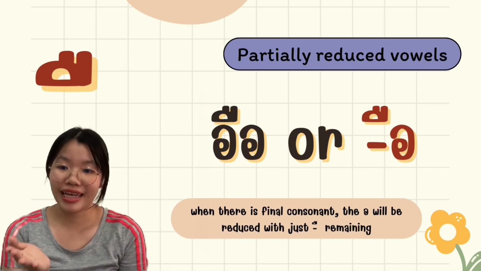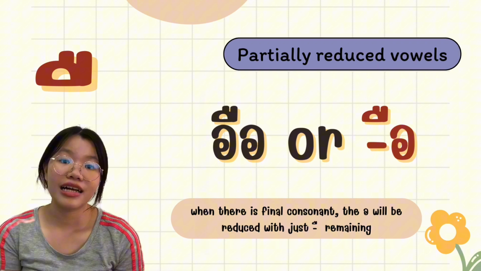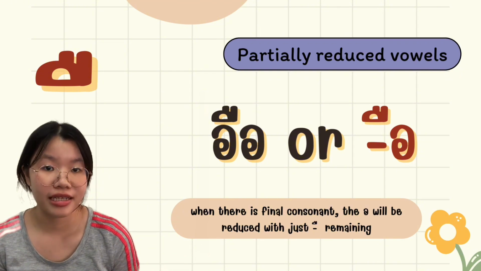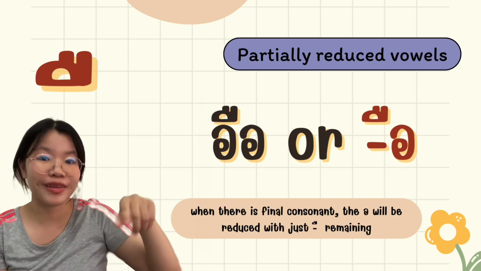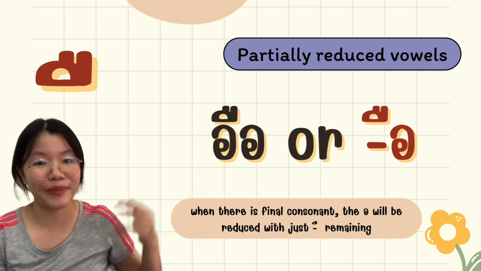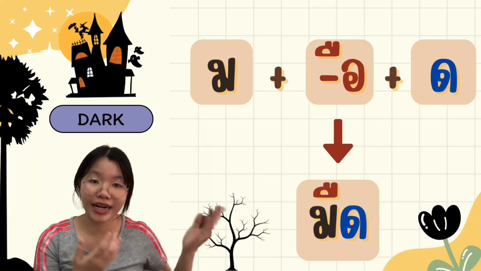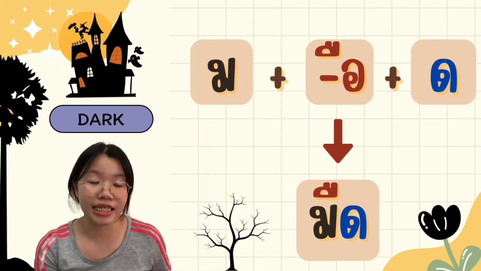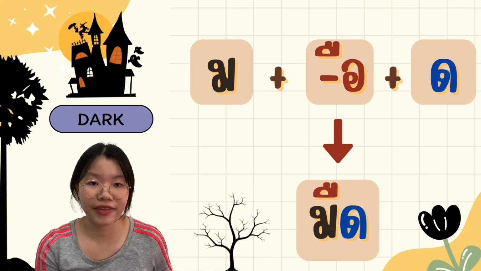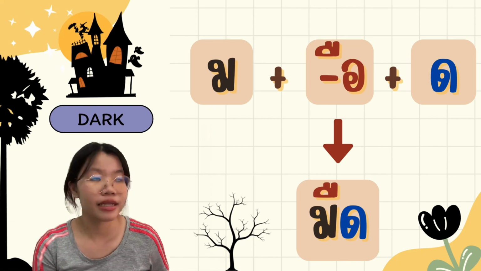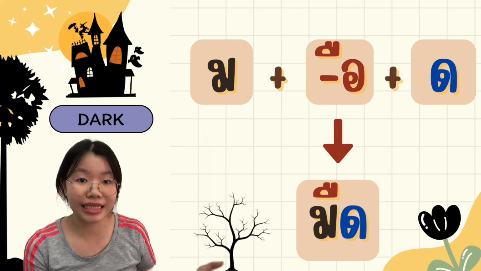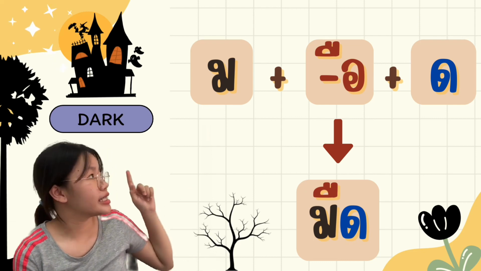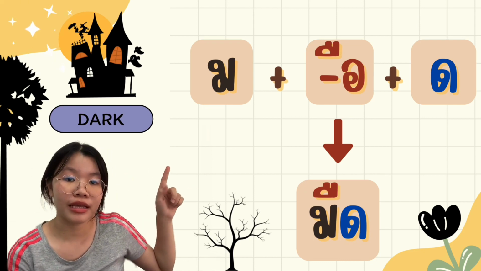When there is a final consonant, the vowel will be reduced with just one syllable remaining. For example, มืด, which means dark. Repeat after me. And you will see the syllable remaining.